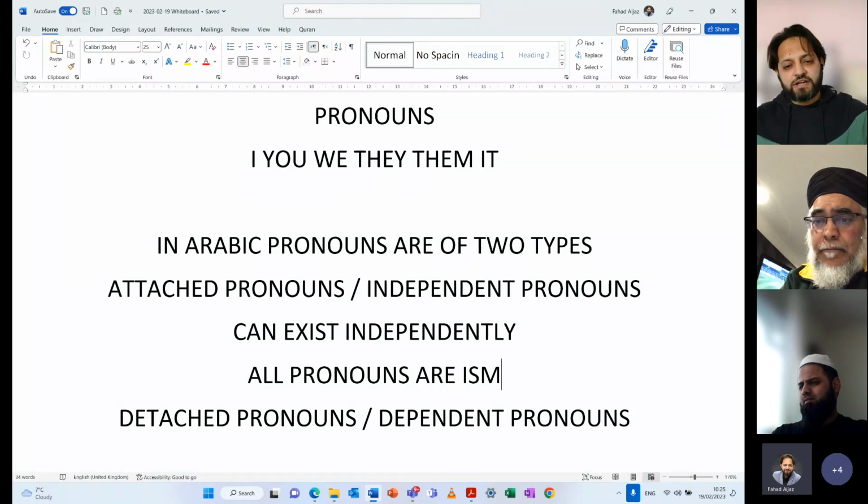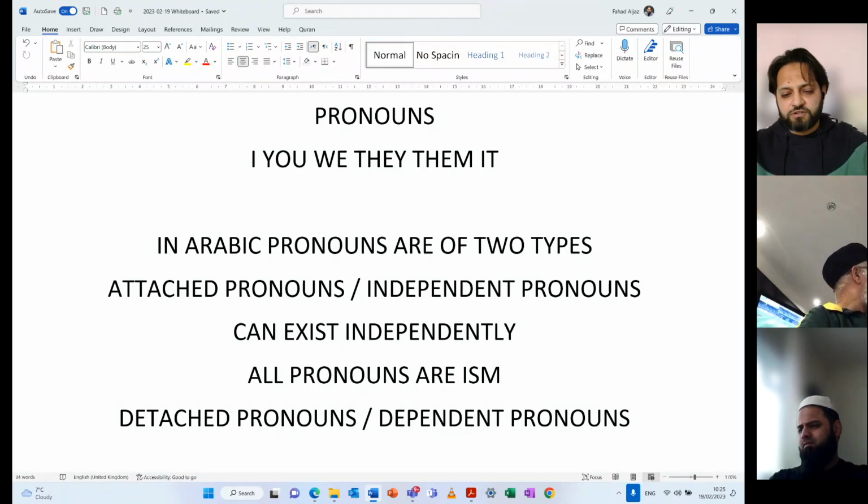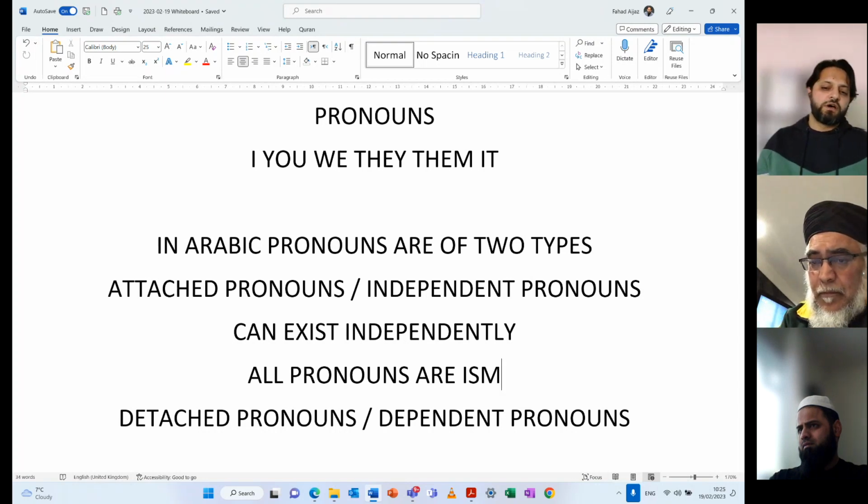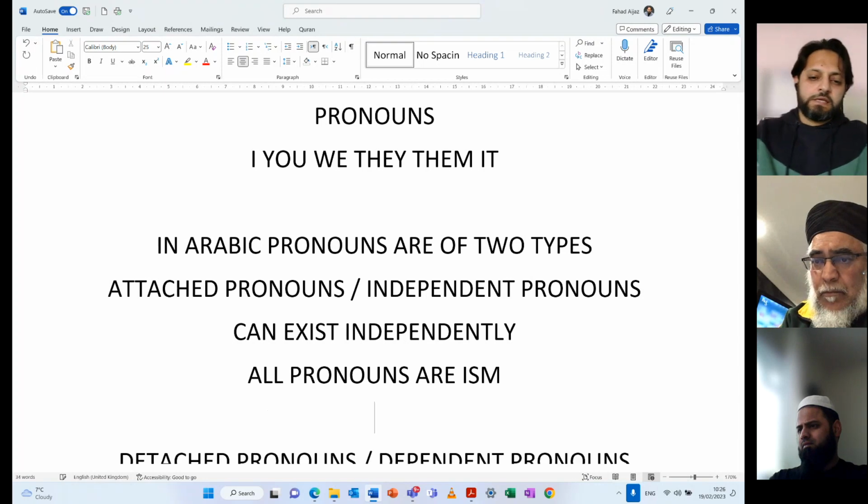That and more actually includes pronouns. We did not explicitly identify a pronoun at that time, but now we know it's also including pronouns. So pronouns in all of Arabic are isms. Either they are dependent or independent, doesn't matter, but they are isms.